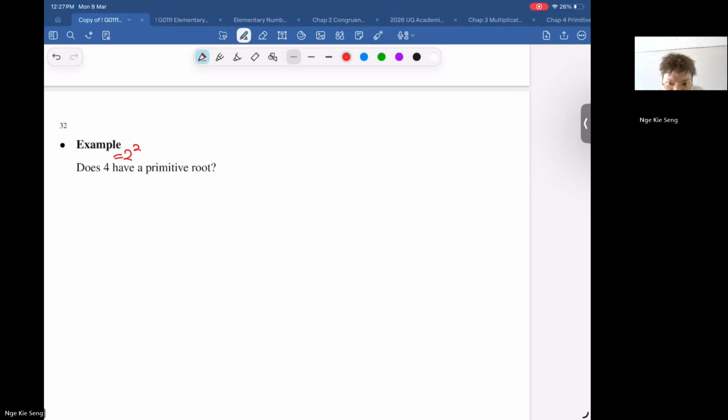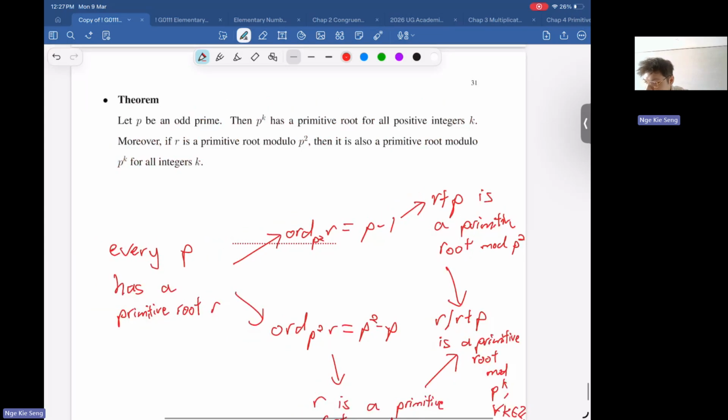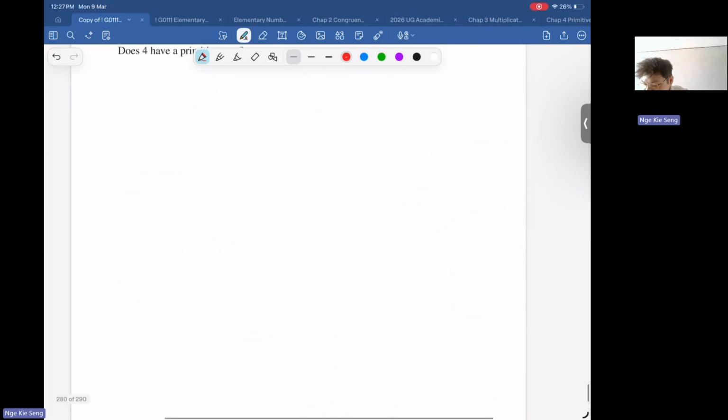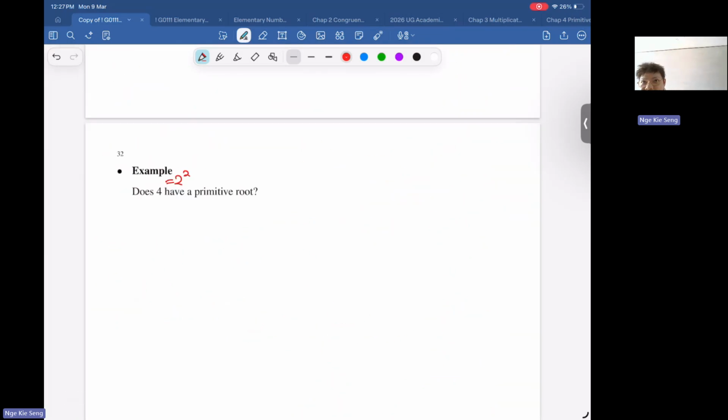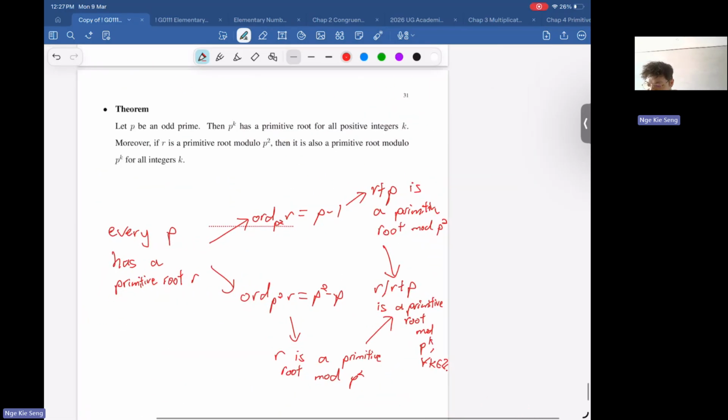Let me see, did I miss out any condition? I think I missed out some condition, because this example is trying to bring out something special. This example comes with an even prime, but often people will forget about the condition: this theorem works for odd primes. So when does the odd prime condition come in? At least at this stage we need an odd prime. Let's go back one step.